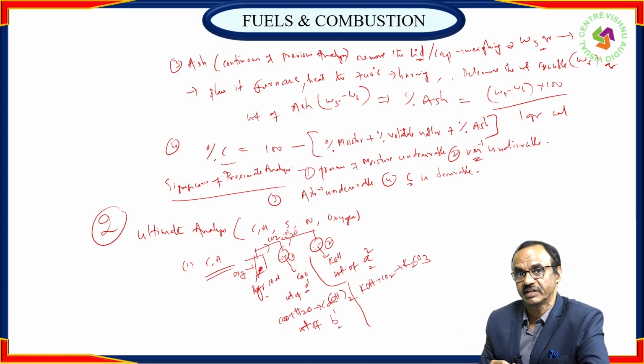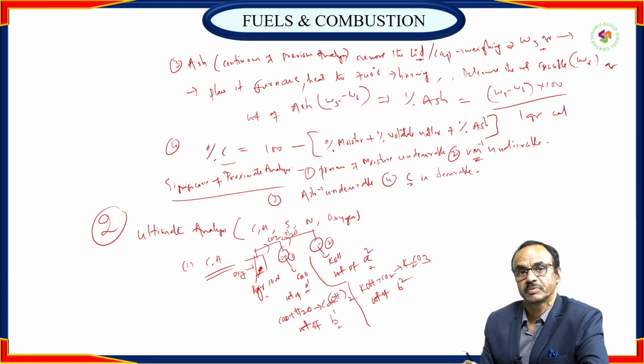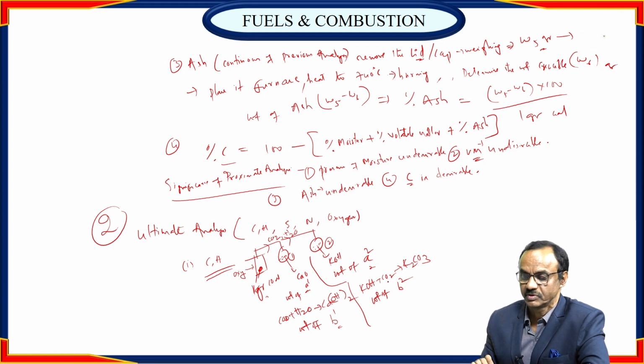How much did the weight increase? First determine the weight of the bulb after absorption. Let B2 be the weight of the bulb after CO2 absorption. It absorbs because KOH combines with CO2 to convert into this, so the weight increases.